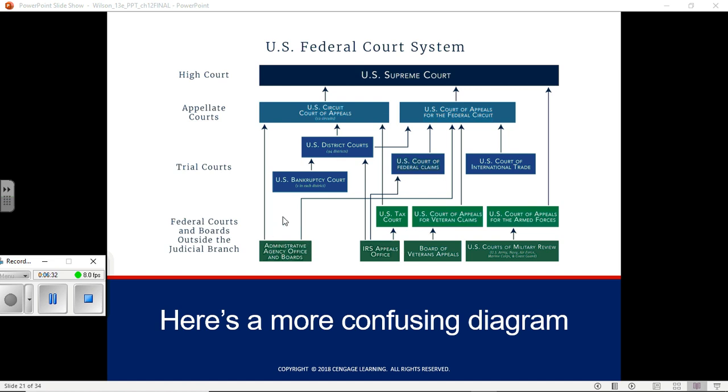Here's a little more confusing diagram of the flow of how these appeals take place. Really, it has to do here with where it's occurring, I would say. If it's occurring in the District of Columbia, specifically, it's going to go to that. But if it's multiple districts all at once, it's going to go to the federal circuit.